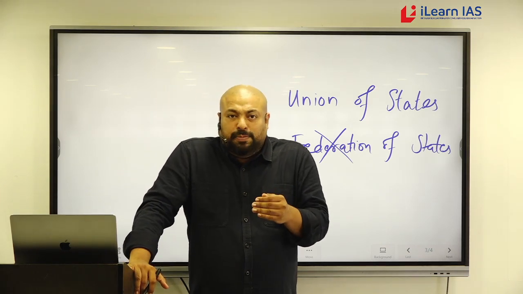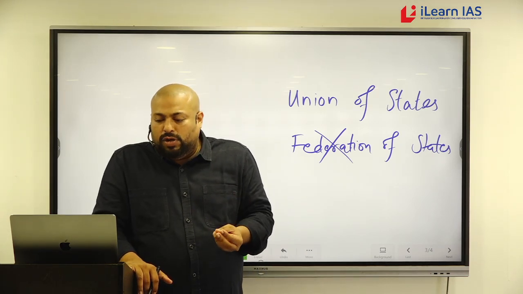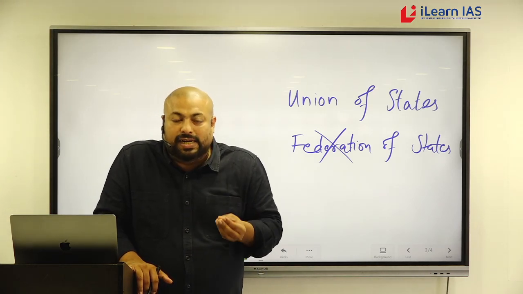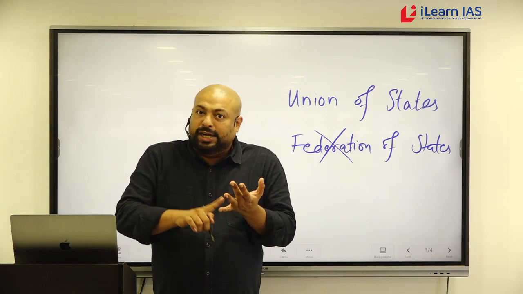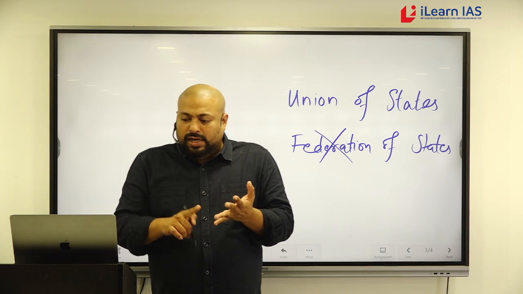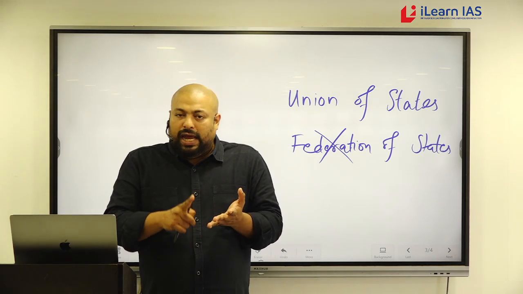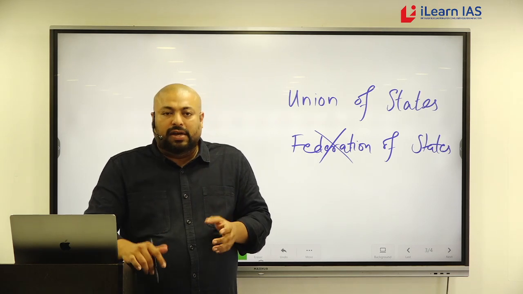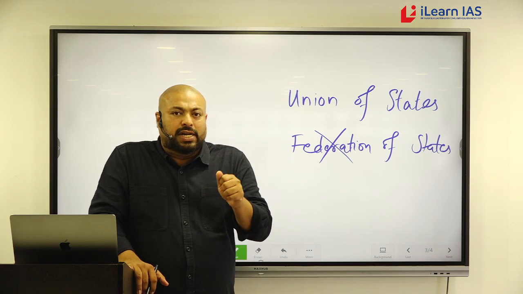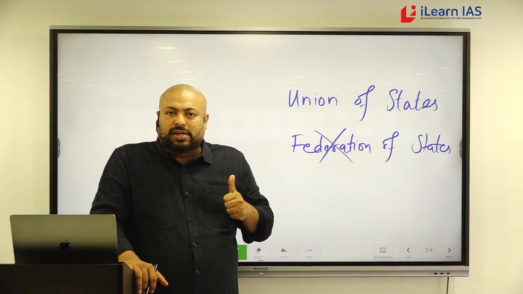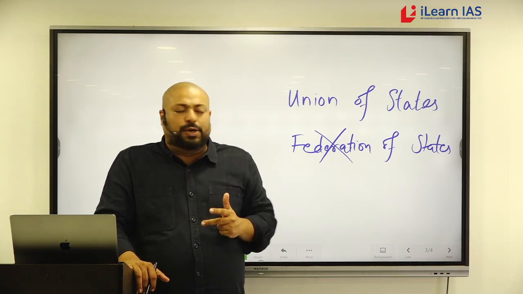Then, the third point in Article 1 talks about what constitutes India's territory. India's territory is the territory of every state, the union territories given in the first schedule, and any other territories as India may acquire. So basically, the territory of the country consists of the territories of the states, the union territories, and such other territories as may be acquired.